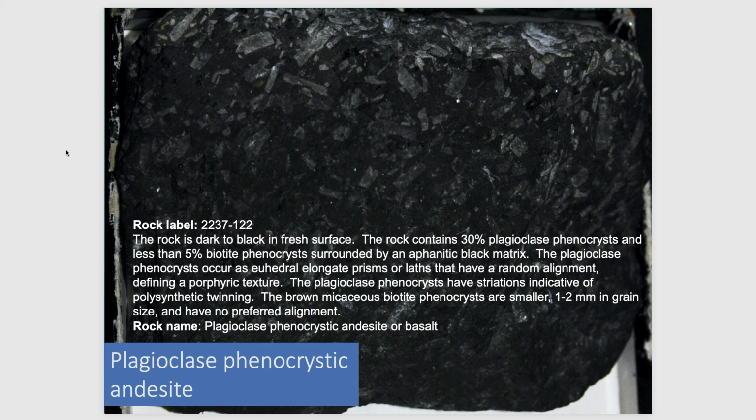Okay, one last thing for this specimen. Although we're calling it an andesite here, it's really difficult to tell apart if it's a rock that is a basalt or an andesite because of the dark color of the matrix.